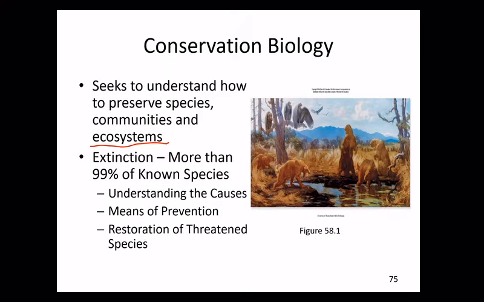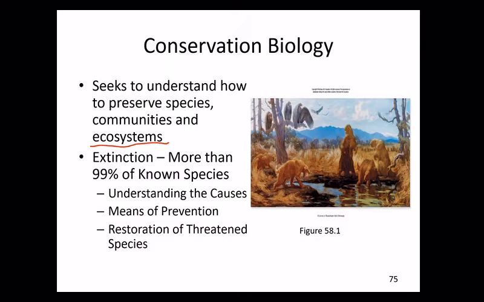It's always a striking thing when we think about the process of extinction, a natural process that has occurred over the millions of years of Earth, that more than 99% of the known species have gone extinct. And we can use these extinctions as a lesson, as a way to begin to understand how we can avoid this in the future. So conservation biology will study what the causes of extinction are.